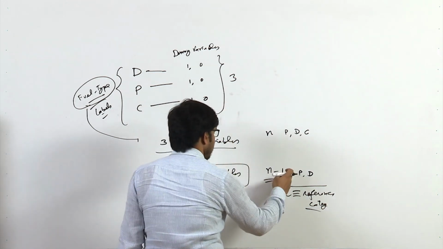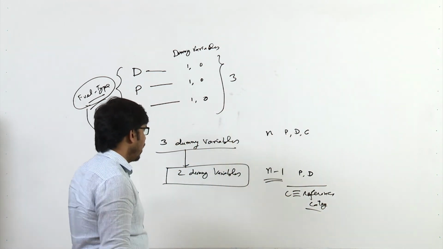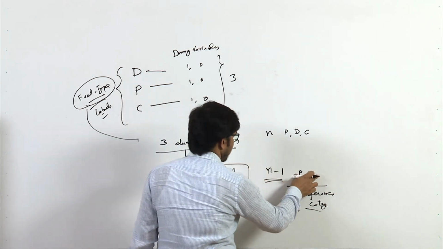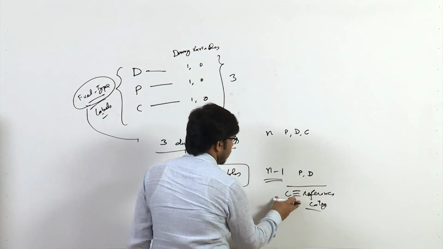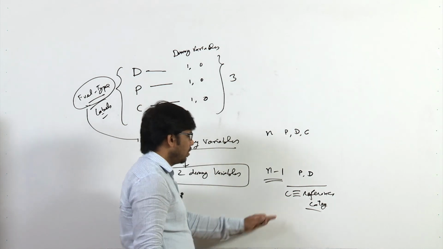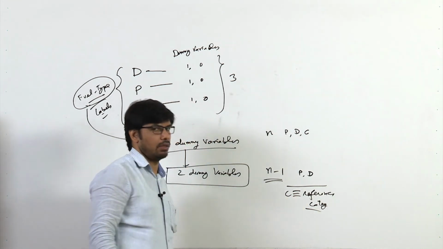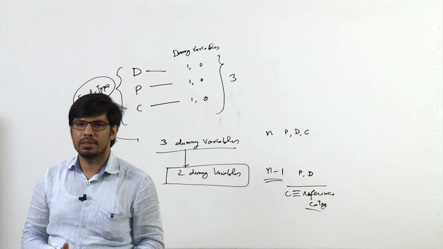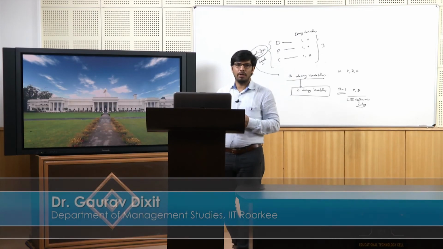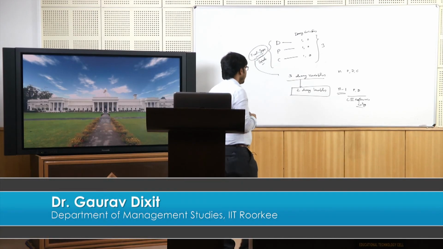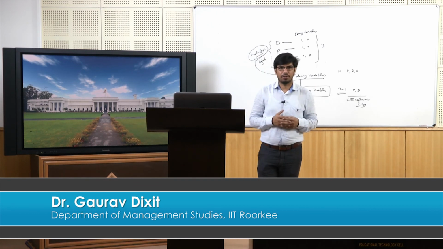Any results that we get for these 2 dummy variables, P and D, would have to be interpreted with respect to this reference category. More on this particular dummy coding we will discuss in our next lecture. So we will stop here. Thank you.